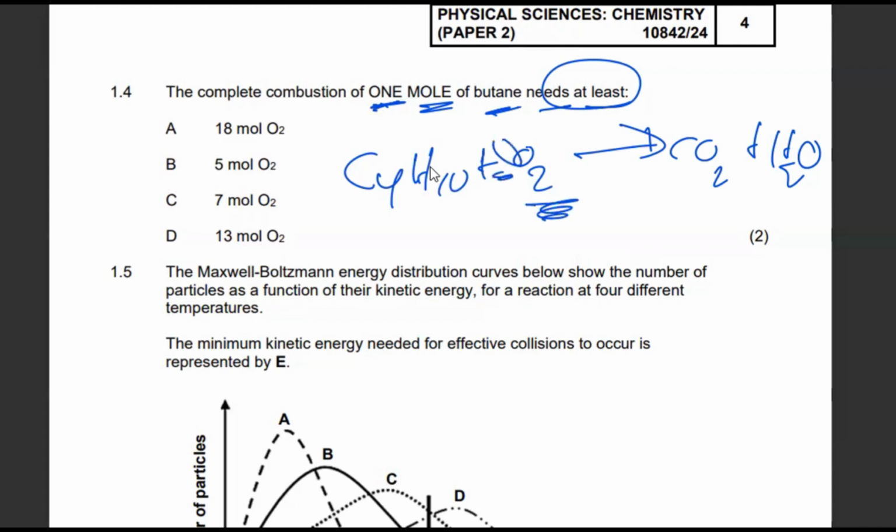So when you say at least, it means that anything which is above 5 is correct. So this makes it a vague answer. This one is at least, and this one is also at least because it's above those 5 moles. So I will say that maybe A, no, not B, C, and D.